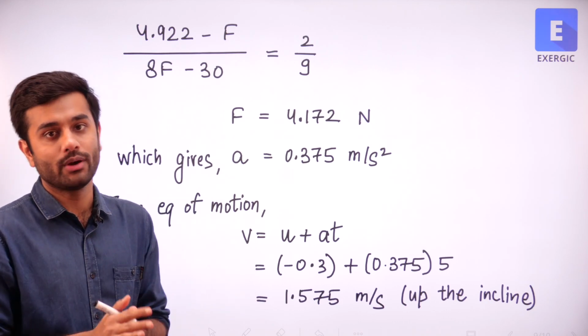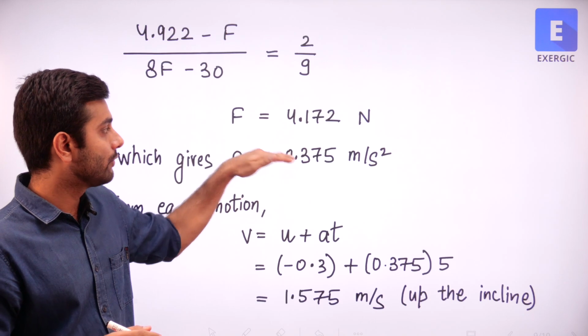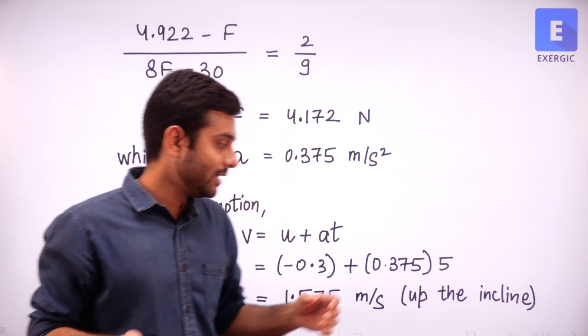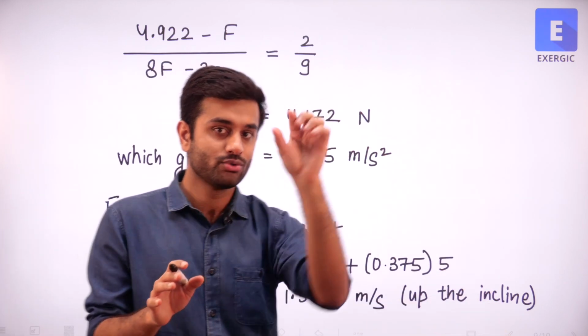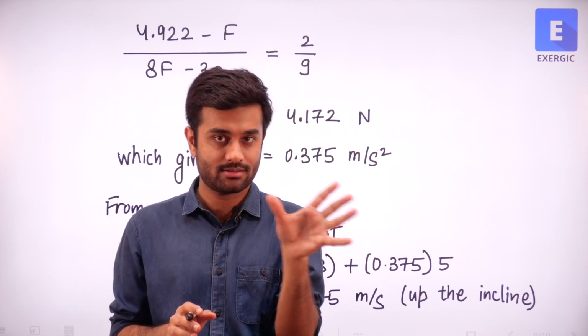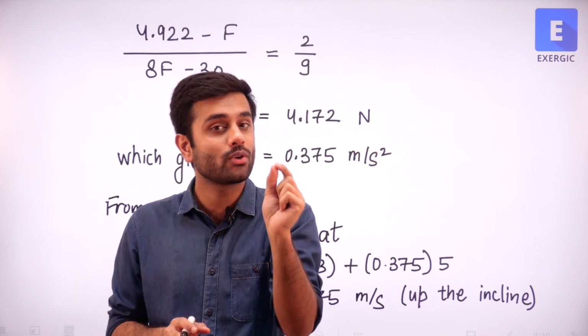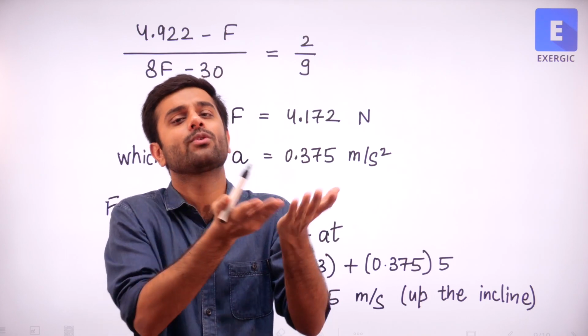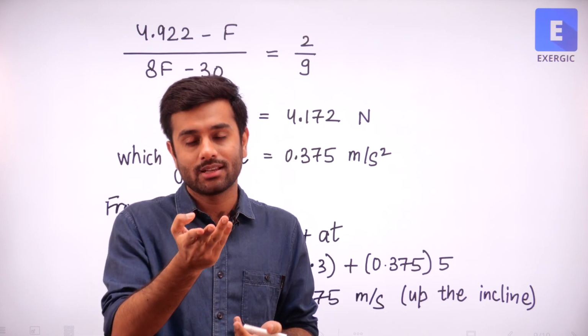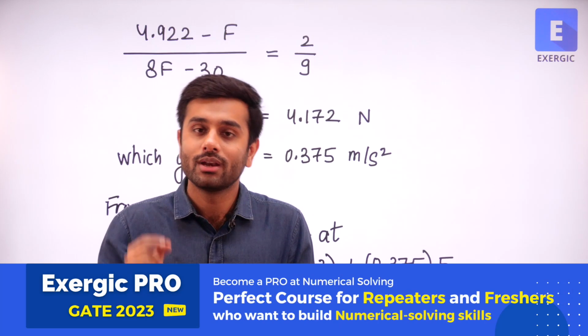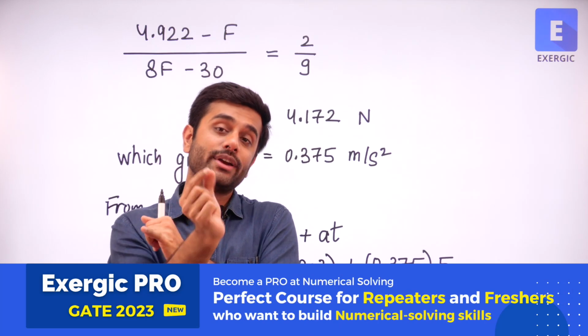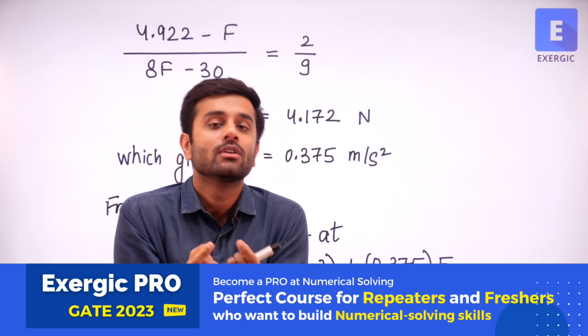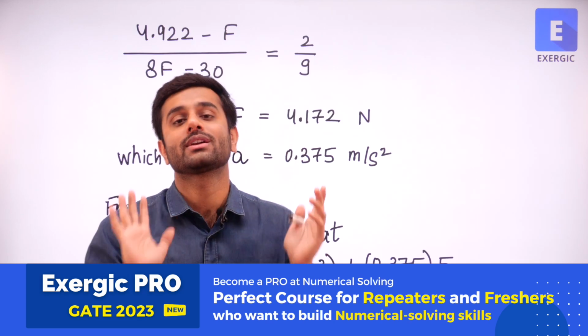Obviously, that will also require you to find out this value of force. Why? Because if we are not choosing point C, the point of contact, and doing the analysis, obviously force will come now. Force of friction, how will it not come? Only if you choose point C, and that too for a moment, only then force of friction will be gone.